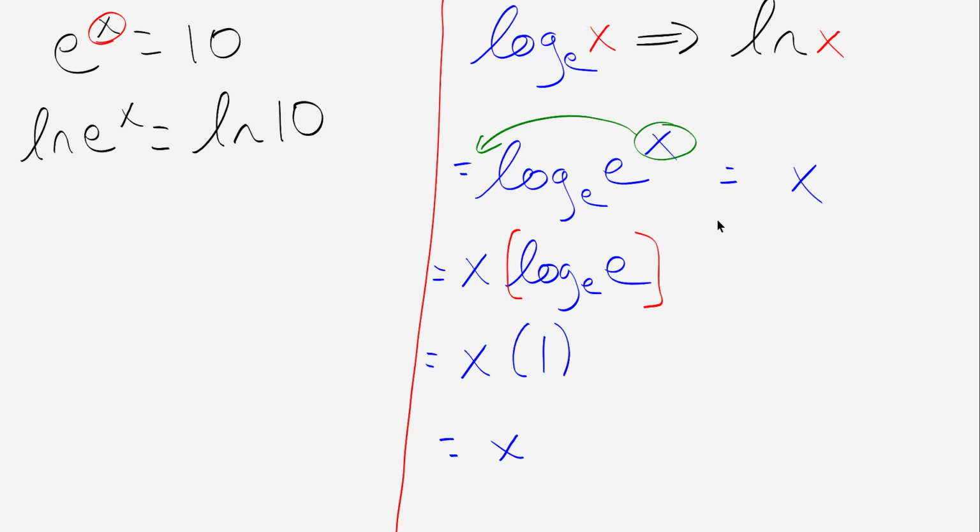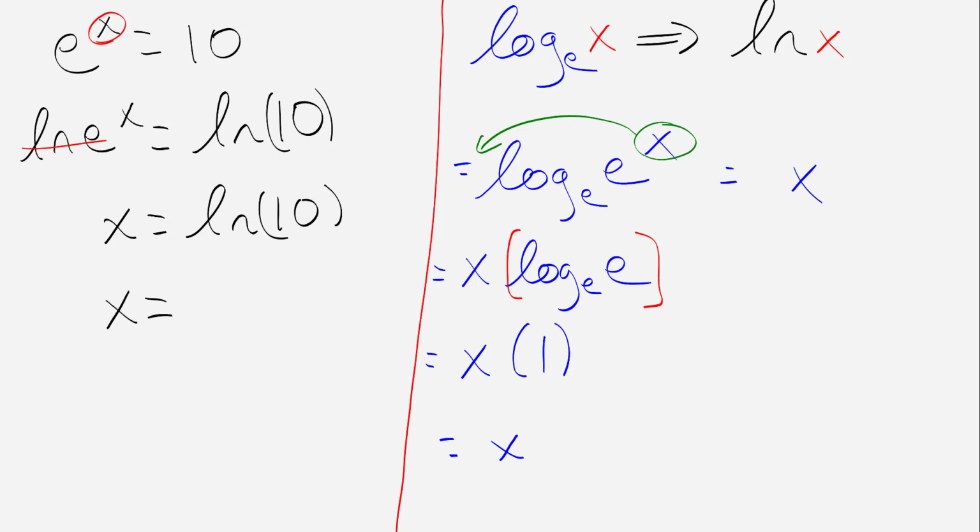And we've already seen that ln of e to the power of x is simply x. Some people like to look at it as the ln and e cancel, but we know what's really going on in the background. So my next line will simply be x is equal to the ln of 10. Then it's just a case of putting it into your calculator.